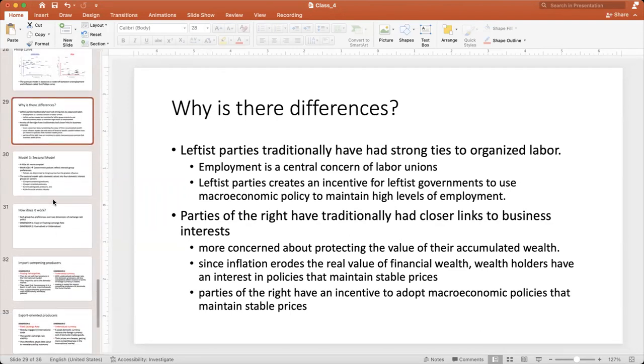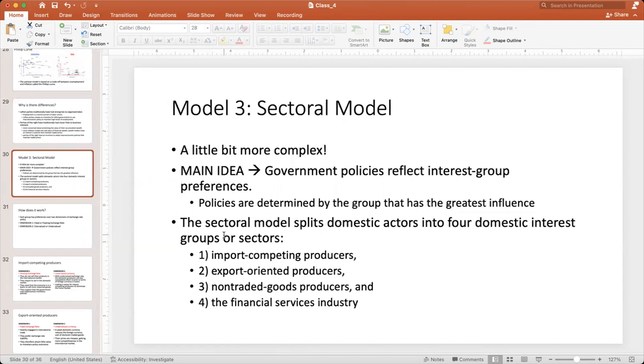The last model is the sectoral model. This is a little bit more complex, but basically, government policies reflect interest group preferences. So policies are determined by the group that has the greatest influence.